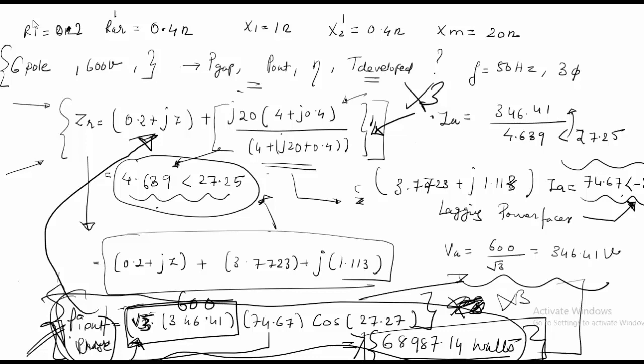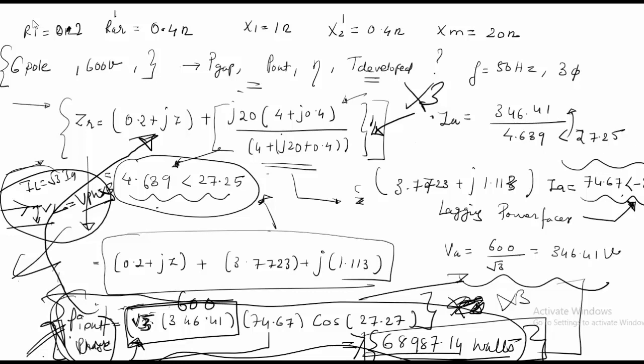But since you are considering only per one phase, and since the power which you are giving the line to line, which you are considering, this is my line current IL is equal to root 3 into IA, and this is your line to line voltage, which is VL, which is equal to VPH into root 3. So that is giving your line voltages and line values, and you have calculated your power close to this value.